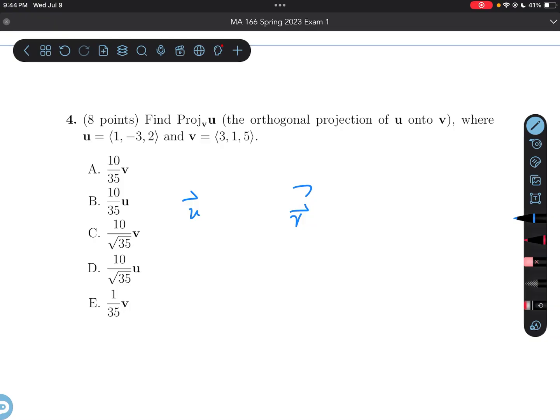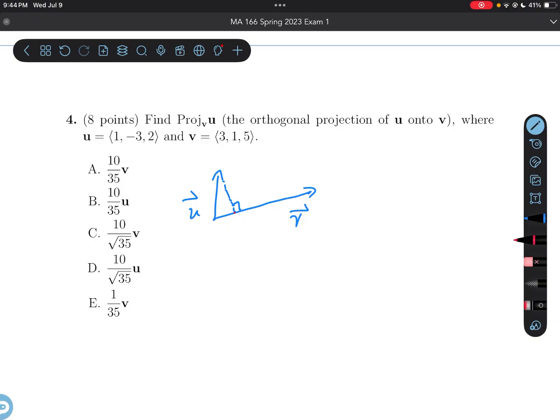Let me make vector u a little longer. An orthogonal projection, we can think about as dropping a perpendicular vector from the end of u to vector v.